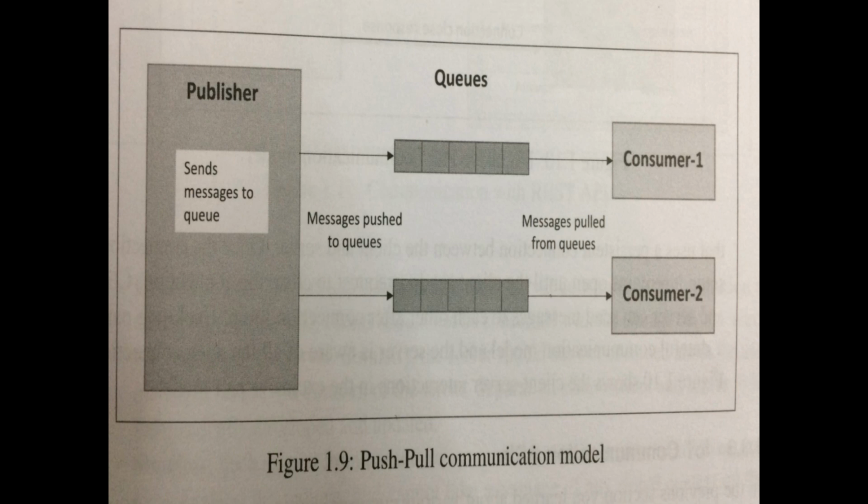Here push pull is used, so a queue is used, and it is basically from one thing to the other. The publisher pushes into the queue and the queue pulls out and sends to the consumer. So that is the push-pull communication model.